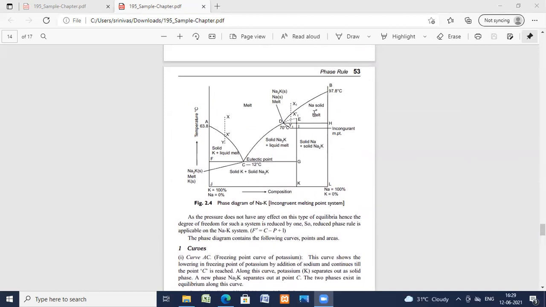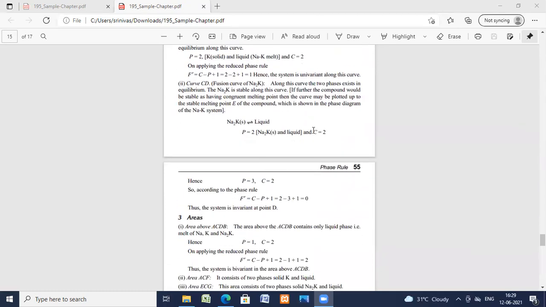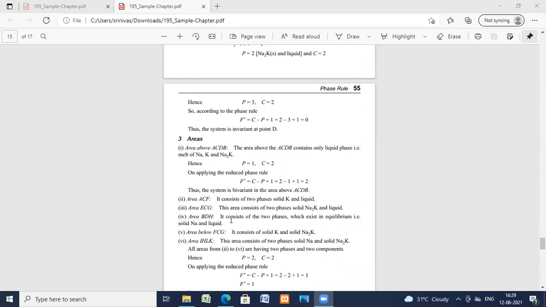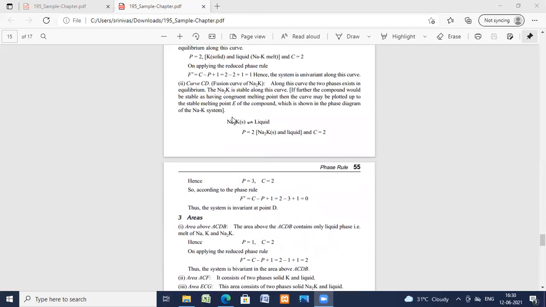So C is 2 and P is 2, univariant. For all these areas you get univariant. Only for one area you get bivariant. And for the points you get invariant. For the curves you get univariant.